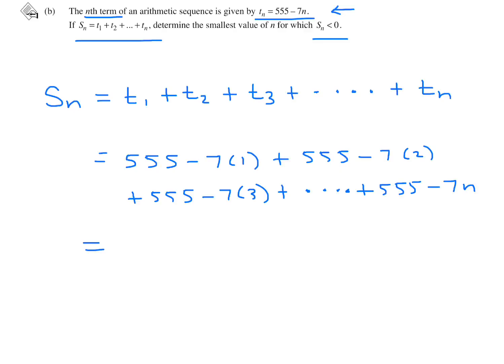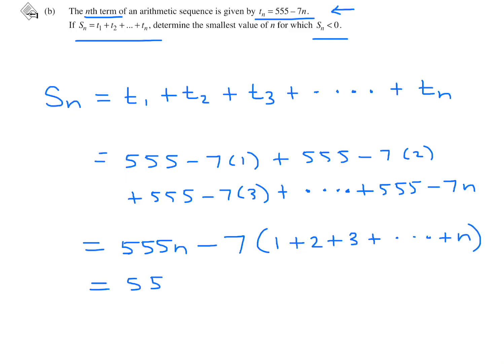All the 555s can be grouped together, and we've got n of them. So that becomes 555n. And then it looks like it's 7 times 1, 7 times 2, 7 times 3, all the way up to 7 times n. So we can factor out the 7, and that would give us 1 plus 2 plus 3 all the way up to n, like that.